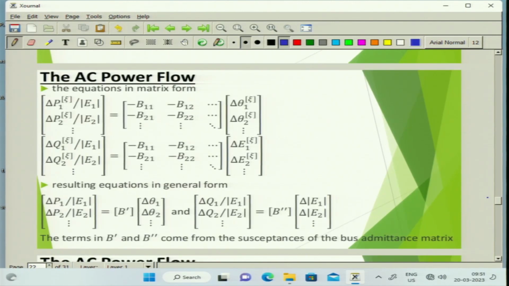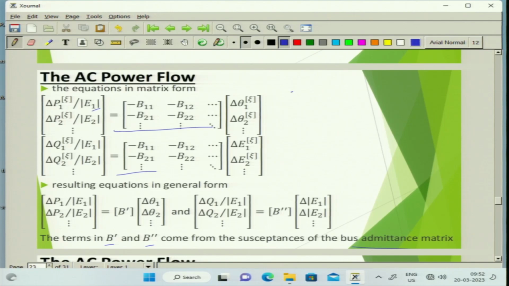Now this is the expression, and this is the Jacobian matrix J1 and J4. We express the result in terms of two matrices, B dash and B double dash, which are susceptance matrices. They come from the bus admittance matrix only. That means in the bus admittance matrix we consider only the imaginary parts and ignore the real parts.